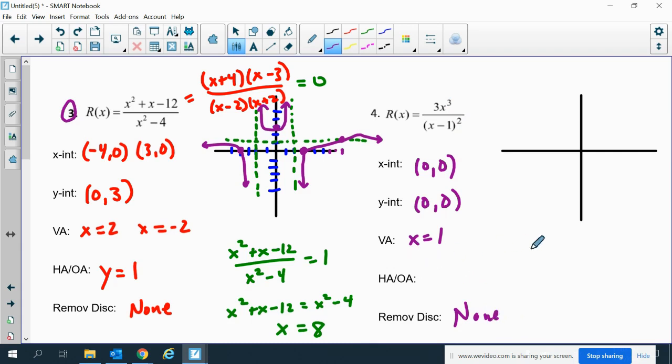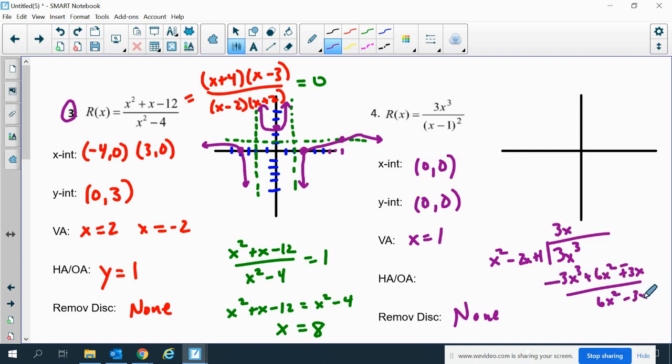So what I need to do is figure out what this looks like. If I have 3x cubed divided by (x minus 1) squared, that's x squared minus 2x plus 1. So I need a 3x over here. That becomes 3x cubed minus 6x squared plus 3x. And then this becomes positive 6x squared, because I have to change the signs, minus 3x.